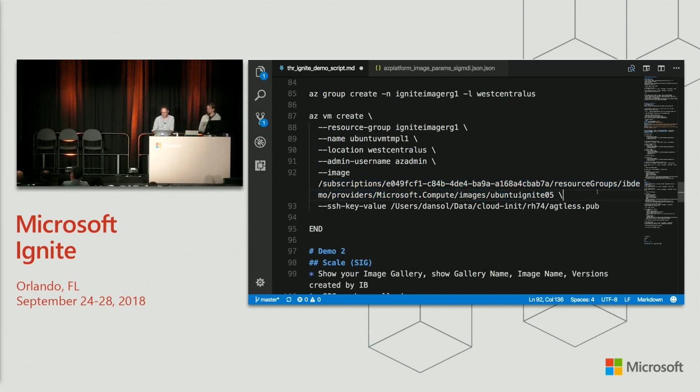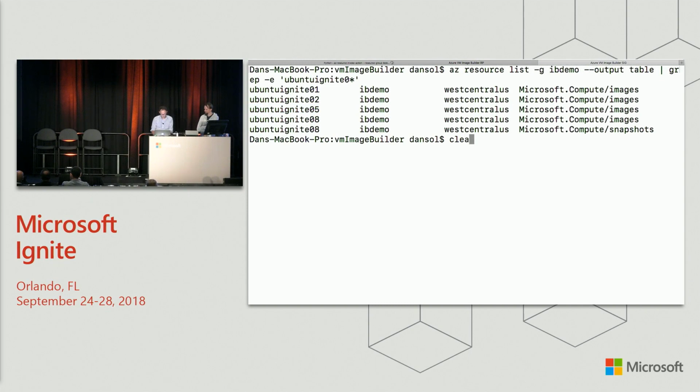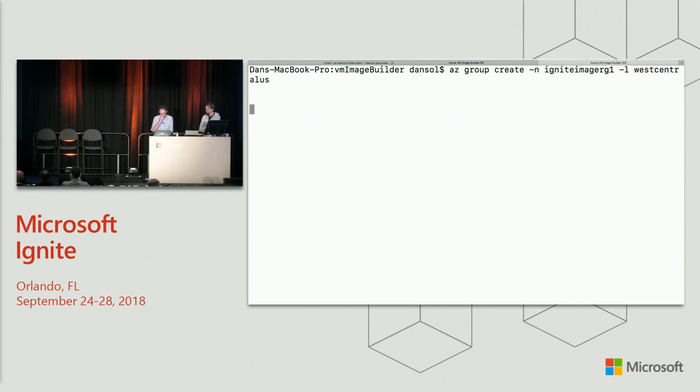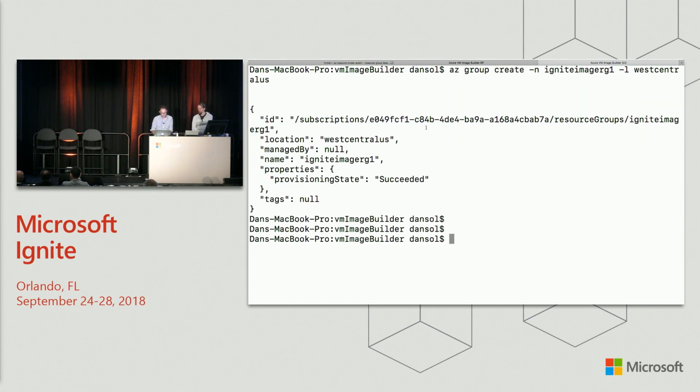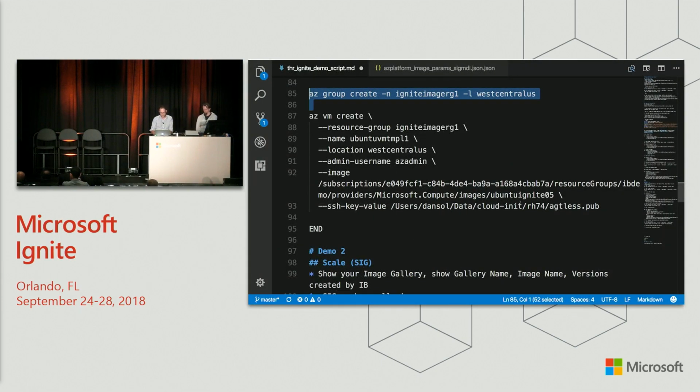And I can now go and create that in the background. That should create absolutely fine. So I can show you that. Make sure that resource group's created. Yep, so I've created a resource group. So notice the resource group is different from where the image actually resides.